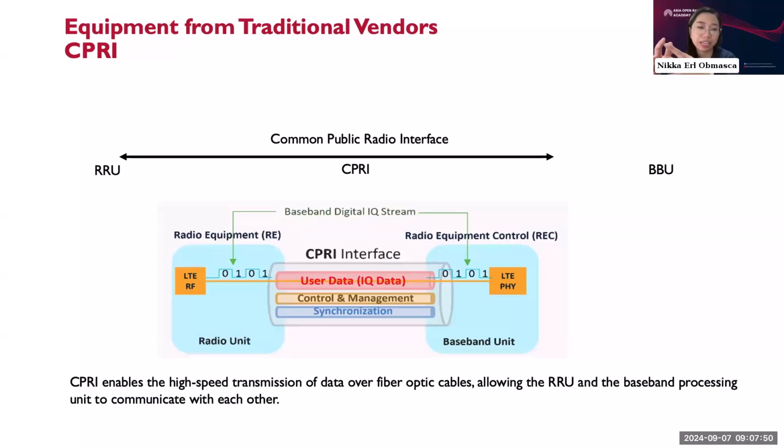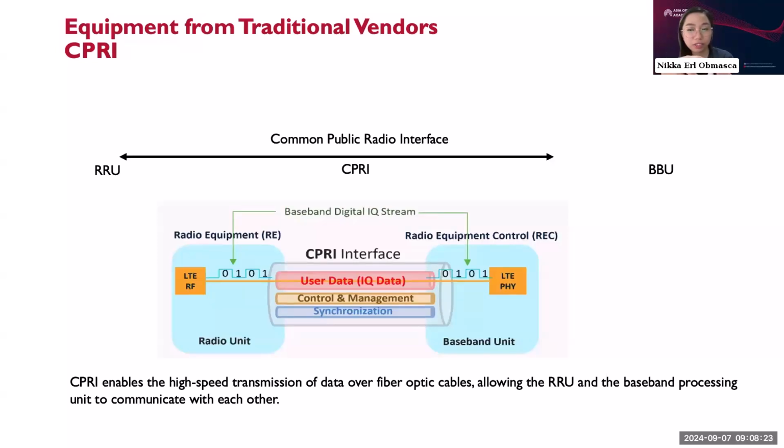To easily understand it, yung BBU natin is, sabi ko nga, the brain of the system, kung saan tayo nagpa-process ng mga signal. Yung RRU natin naman is located near yung sa antenna natin, which handles sending and receiving signals to and from the mobile devices. Yung CPRI natin will stand as the language or the communication link that allows the BBU and the RRU to talk to each other.